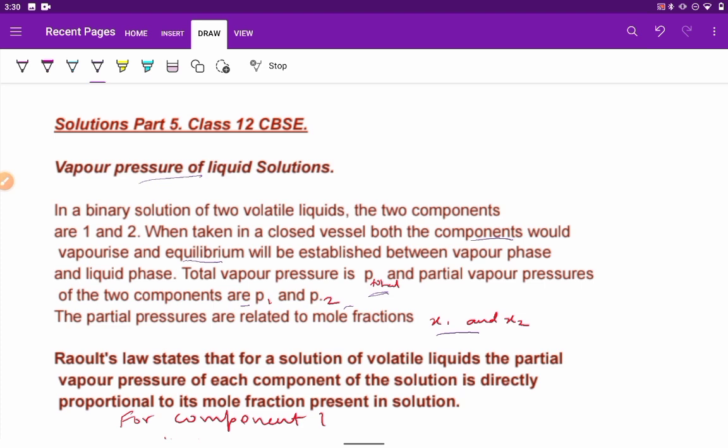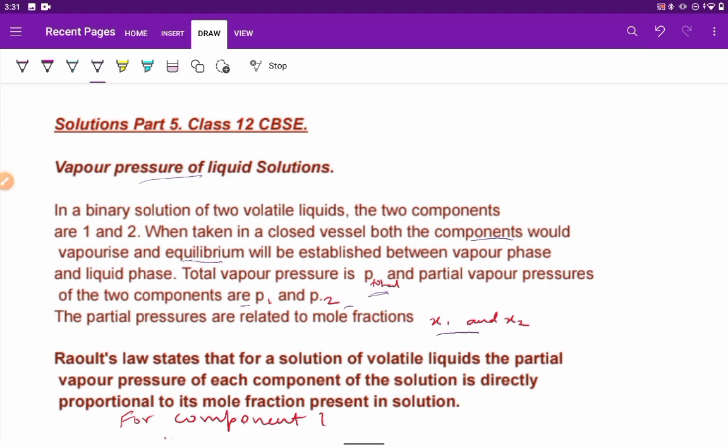Raoult's law states that if there is a solution of volatile liquids, the partial vapor pressure of each component of the solution is directly proportional to its mole fraction present in the solution. So mole fraction means out of the total number of moles, how many moles of that particular component is present.